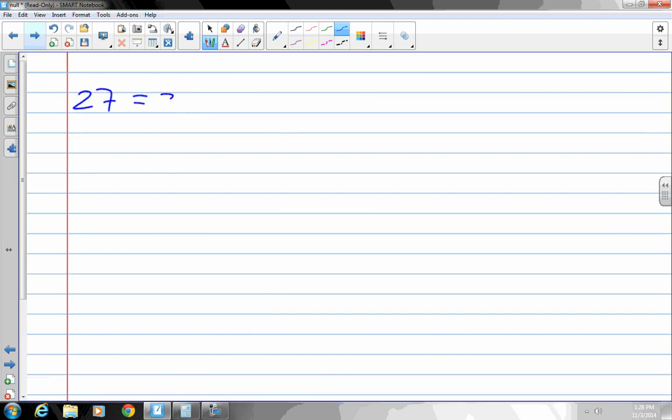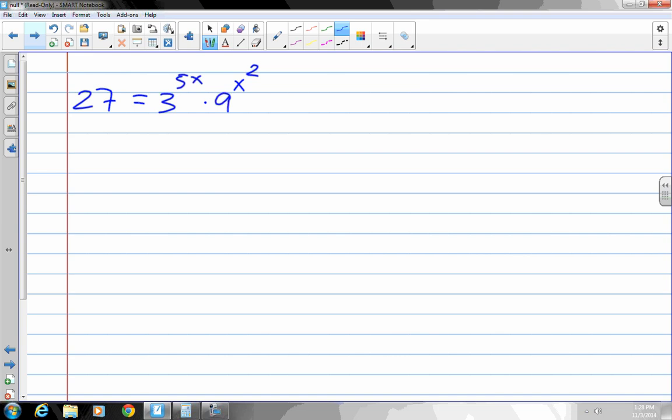27 equals 3 to the power 5x times 9 to the power x squared. So not just bases are different, but also have some kind of a product on the right.